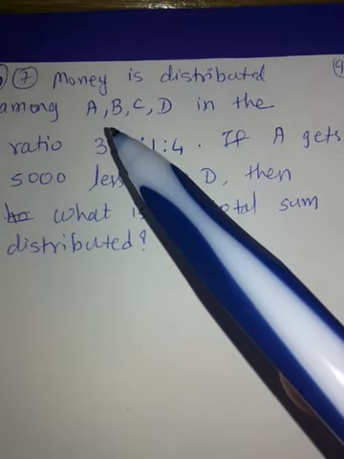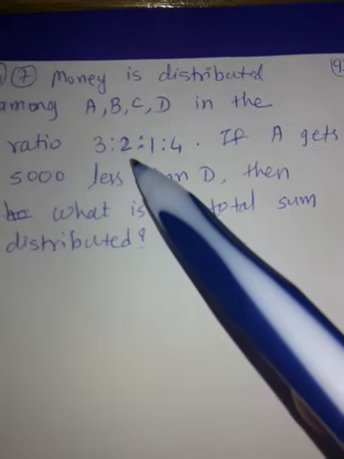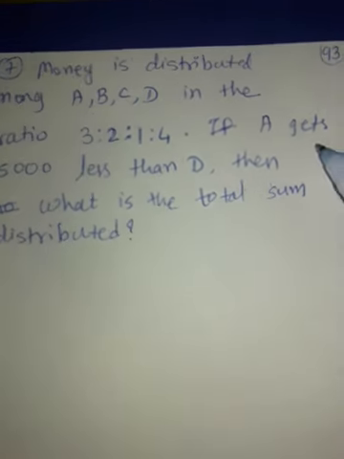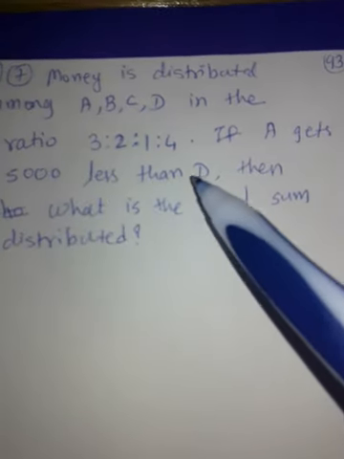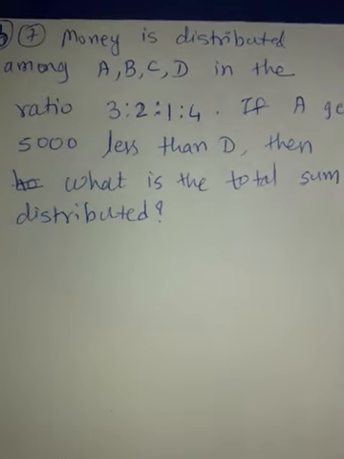Money is distributed among A, B, C, D in the ratio 3:2:1:4. If A gets 5,000 less than D, then what is the sum distributed?